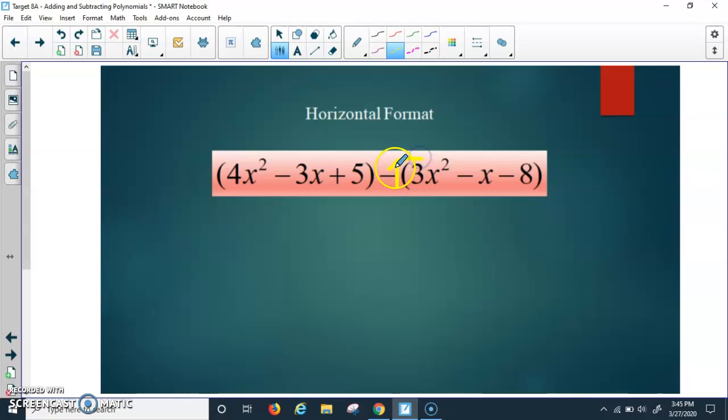And we're going to distribute that negative 1 to every term in the second polynomial. We're going to rewrite this. You don't have to do this with addition, but you do have to do it with subtraction. So the first polynomial you just write out: 4x squared minus 3x plus 5.